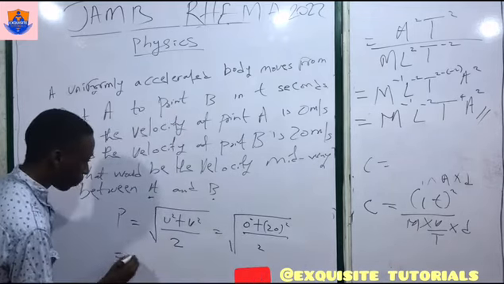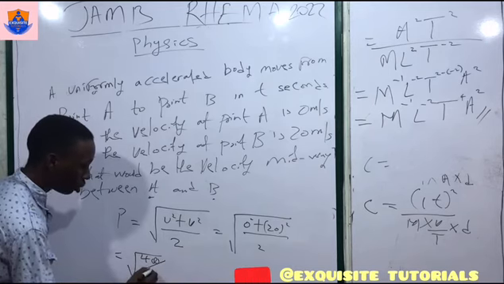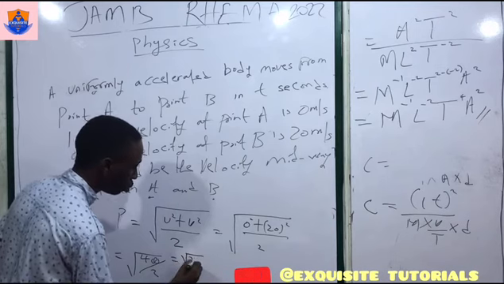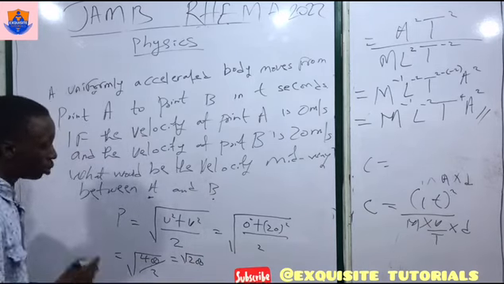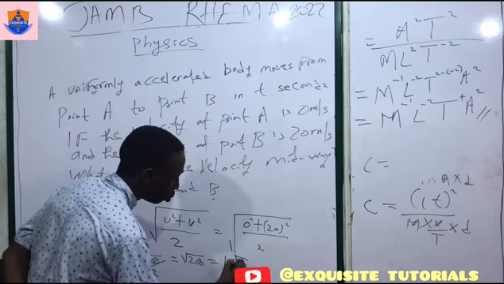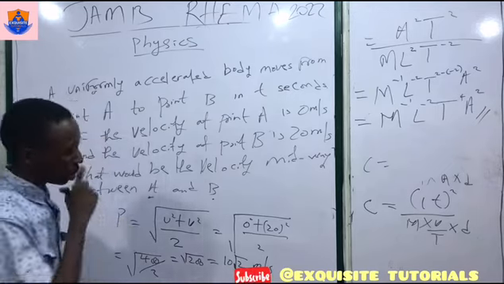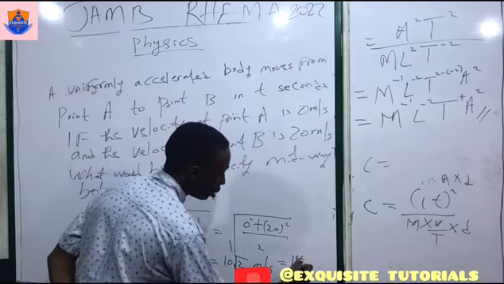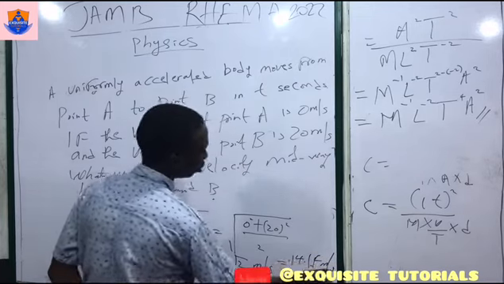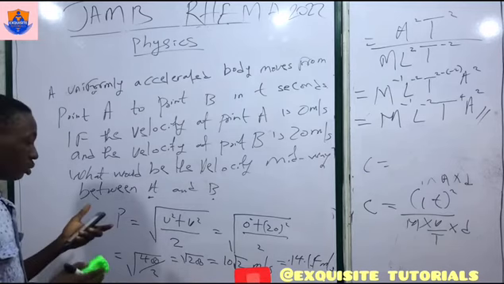This will be equal to square root of 400 over 2, which is square root of 200. Now this is equal to 10 root 2 meters per second, or we can also say 14.14 meters per second. Can you calculate to verify? 14.14 meters per second. So this will be the answer to this question.